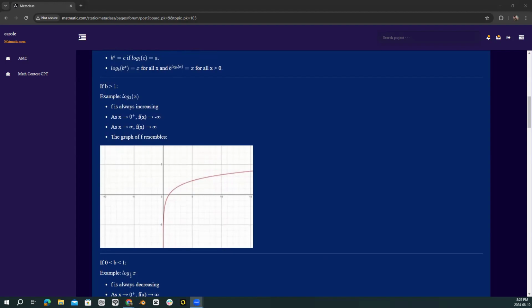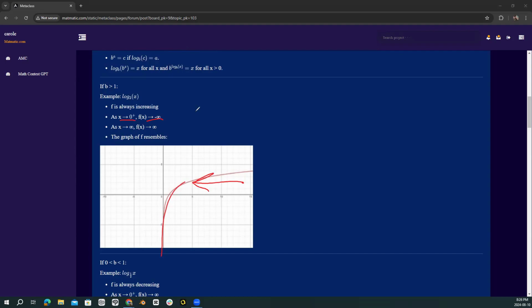Anyways, for example, let's just use the example log base 2 of x. Essentially, the graph of f is always going to be increasing infinitely, and as x approaches 0 from the right side, f is going to decrease down, as you can see.